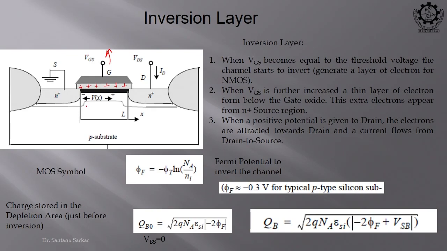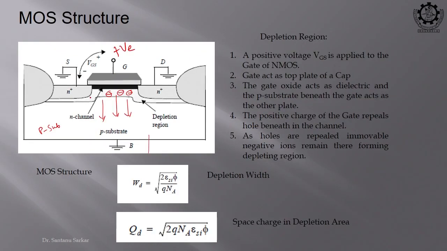Similarly, what will happen to the negative ions? Suppose there are 4 negative ions. Initially you have 4 positive charges on the gate plate. Now, suppose you again increase the field, so more plus charges are coming. Now, in the opposite plate you need the same number of charges, right. So, what will this high field do?